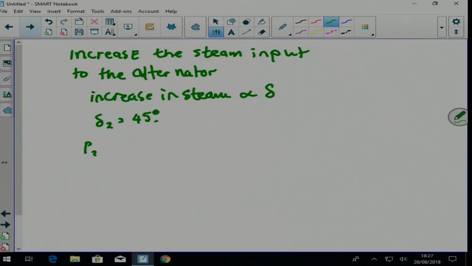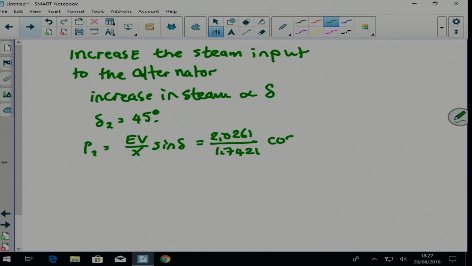Sorry. P2 is going to be EV over X sine delta. So that will be 2,0261 divided by 1,7241 cos of 45. That gives us a power of 0,831 per unit.